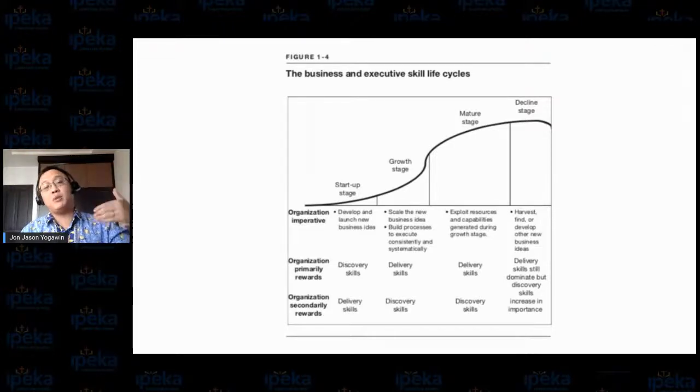Until at a certain point when the company starts, their ideas are already old. It's not as new as it used to be, or it's not as competitive as it was. Then innovators come back into the picture to revive whatever or to move the company forward into the next stage.